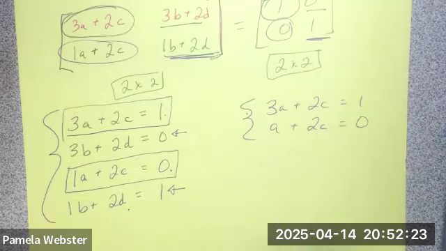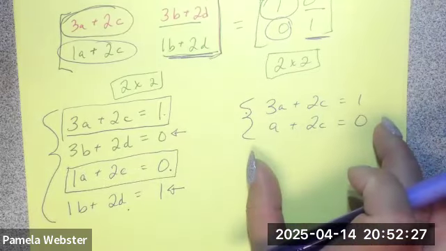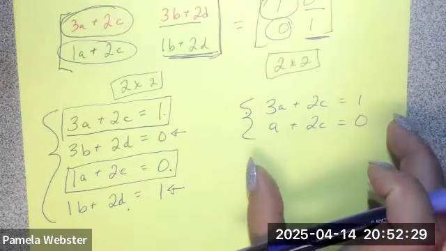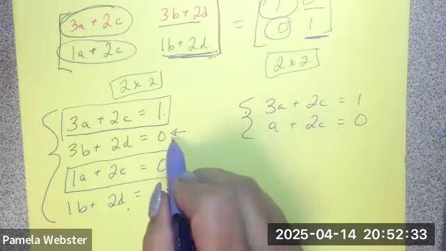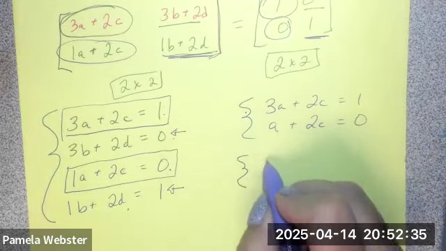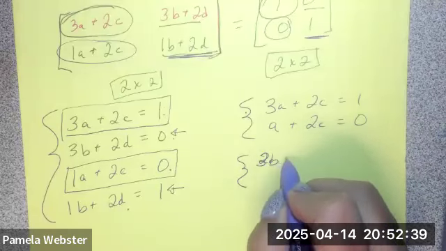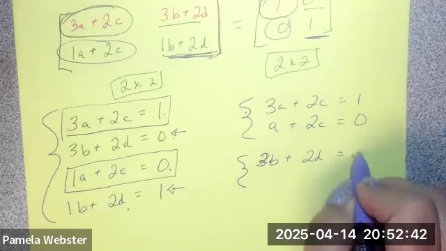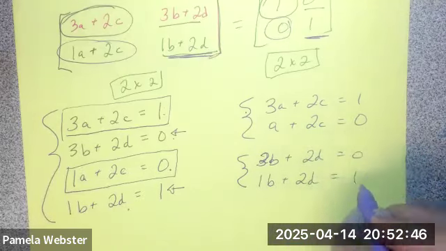I'm sorry about that. It's just freaking me out. Okay, so an A and a C. I think I can solve this system of equations just the good old-fashioned way, or I can stick it back into a matrix, however you want to do it. Okay. And then these 2 have the same variables. So 3b plus 2d equals 0, or 1b plus 2d equals 1.